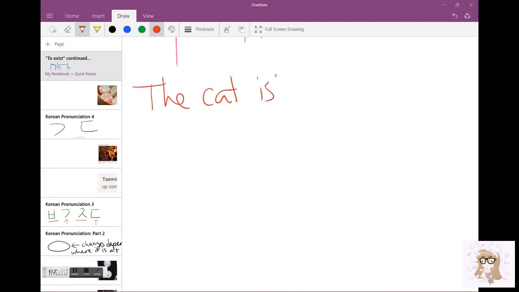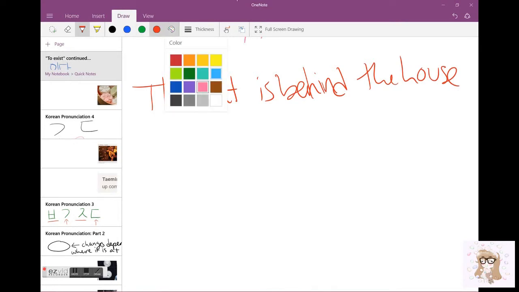So let's say we have the sentence, the cat is behind the house.